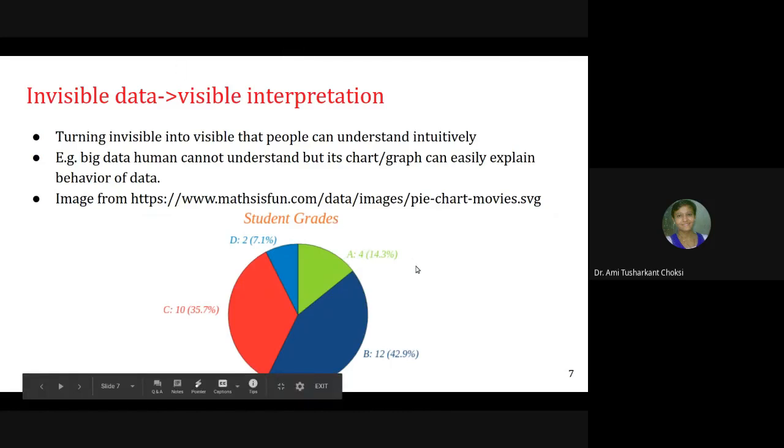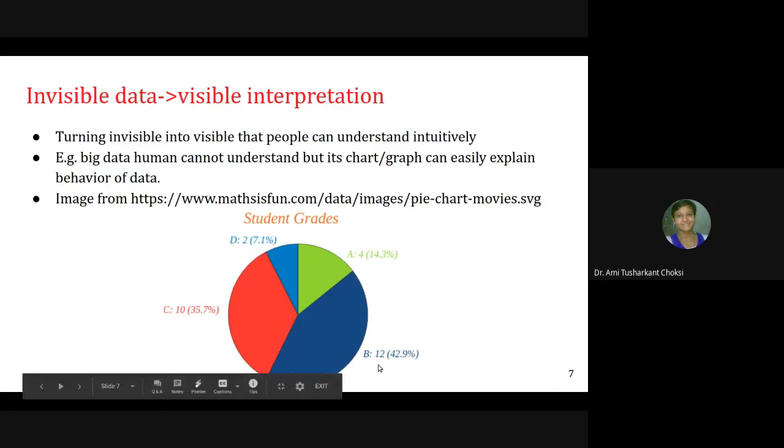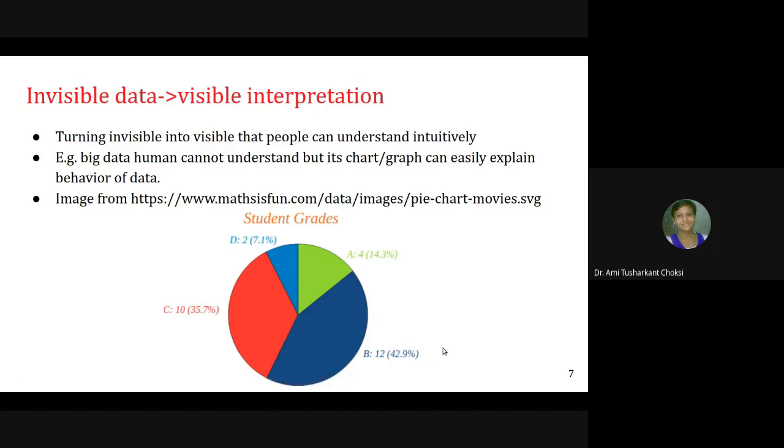Here, say A grade, 14.3 percent students, 4 students, and then say 2 students, 7.1 percent, that is D grade. For B grade, how many students? That is say 12. How many percent? That is 42.9. Right? We can understand that very easily because visualization is there.